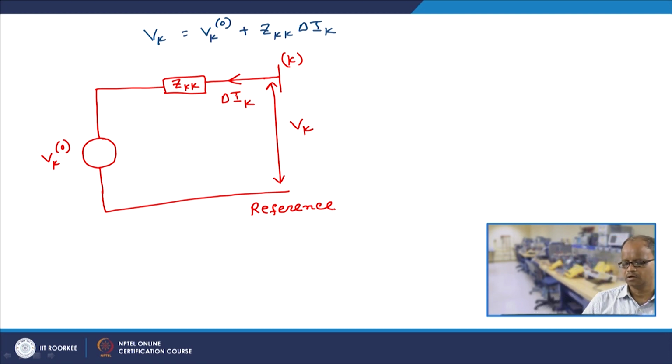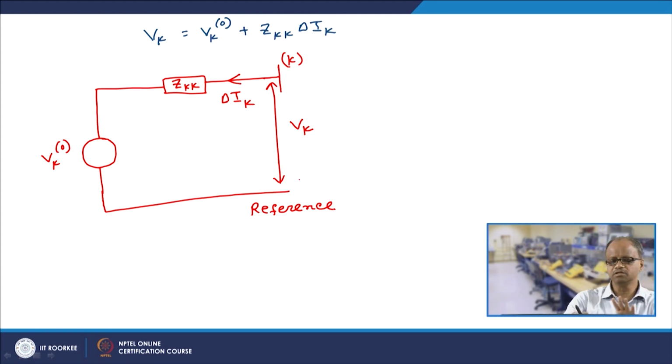This equivalent circuit very conveniently represents this equation. So, V k is equal to this drop, Z k k into delta I k, plus this drop.